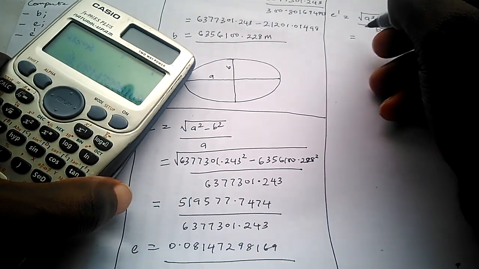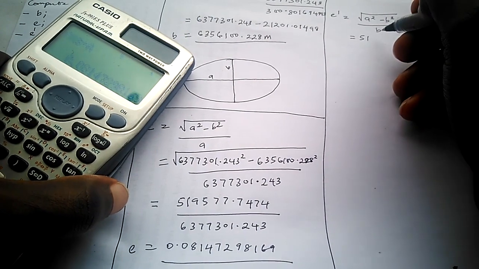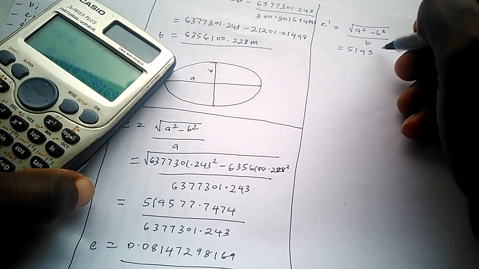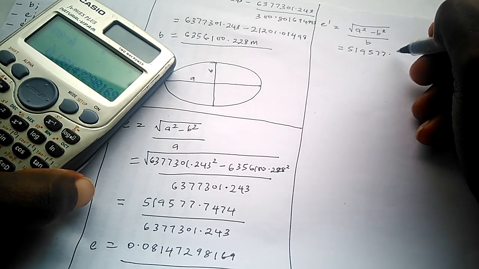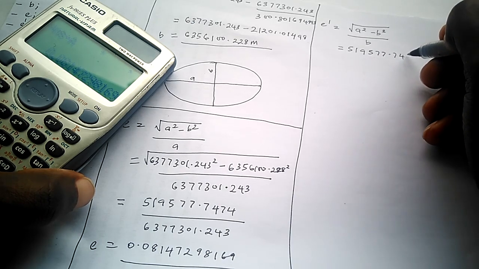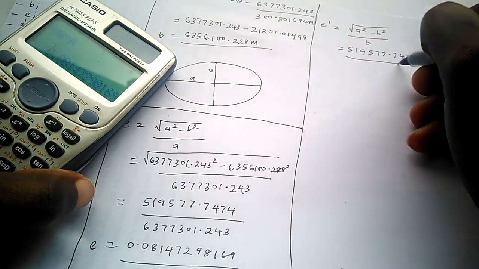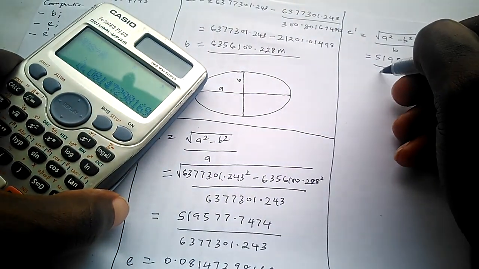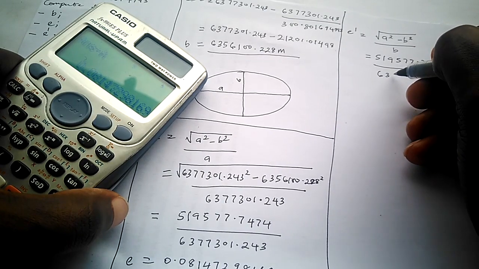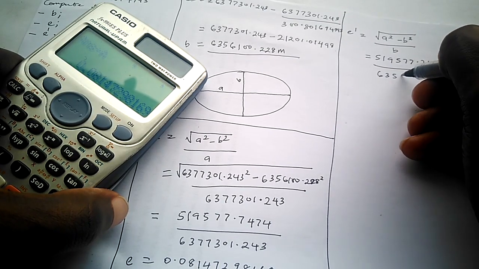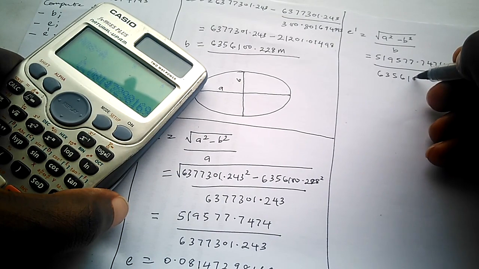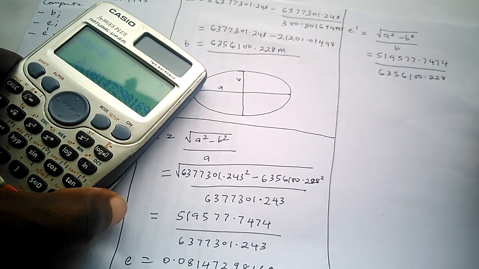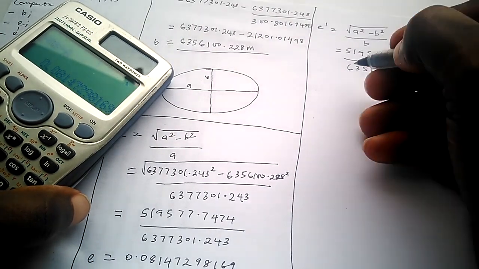So we have 519577.7474 divided by our semi-minor axis, which is 6356100.228. Hope you get it.